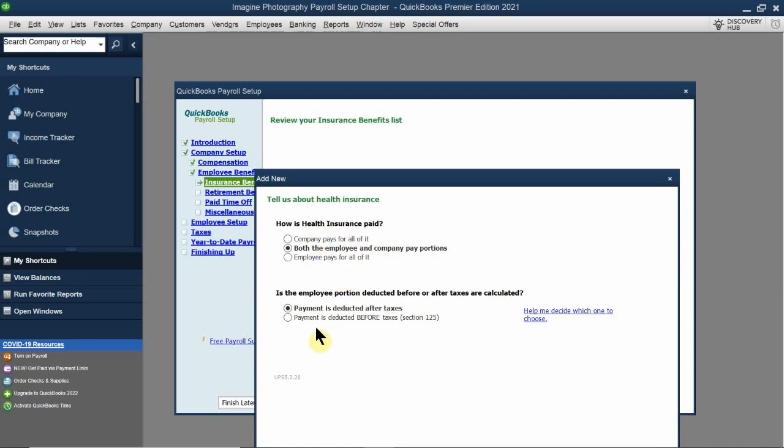Now, the question is, is it going to be before the taxes are calculated, or after the taxes are calculated? It really depends. In most cases it's always after tax, because here's something the government definitely does not want you to do.